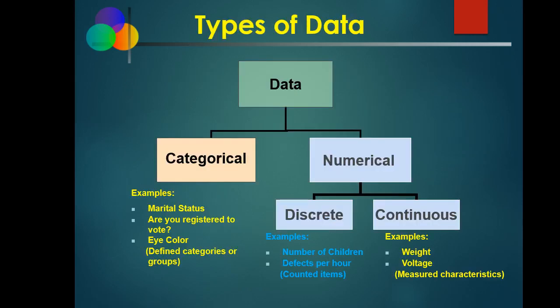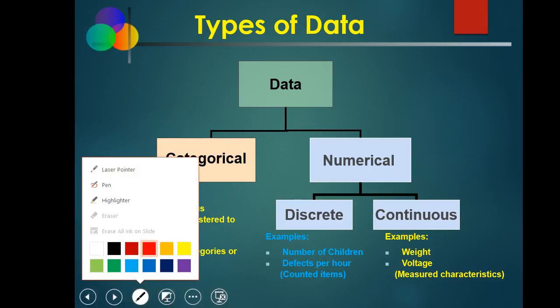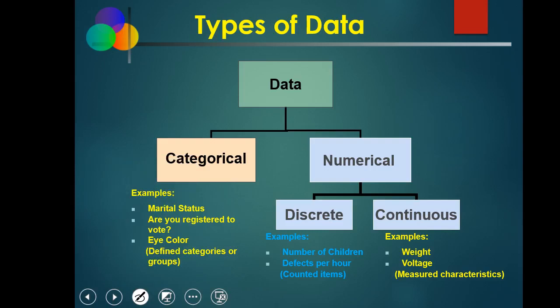Now, as I said, we have different types of data. Data is basically categorized into two different types. One is categorical data, and another one is numerical data. If we have data that is in a string form, normally in programming languages we call it a string.